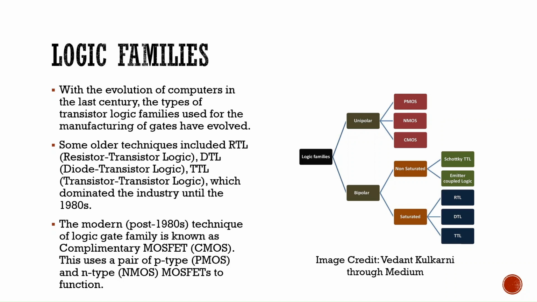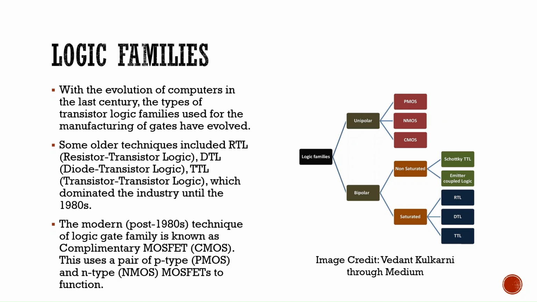With the evolution of computers in the last century, the types of transistor logic families used for the manufacturing of gates have evolved. Some older techniques included RTL, that's resistor transistor logic, DTL, which is diode transistor logic, TTL, which is transistor transistor logic, which dominated the industry until the 1980s.